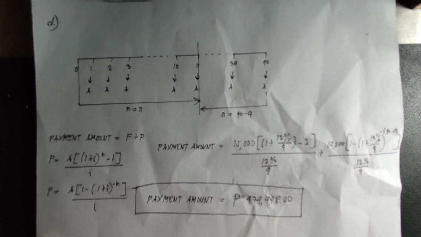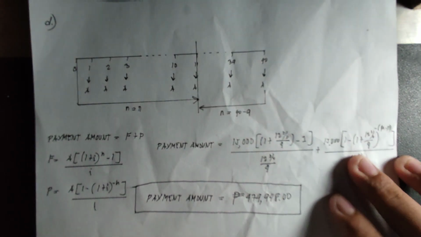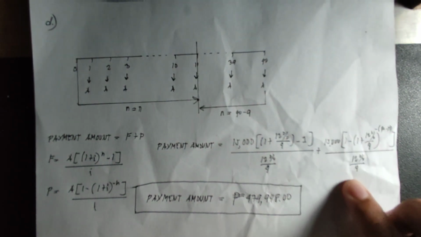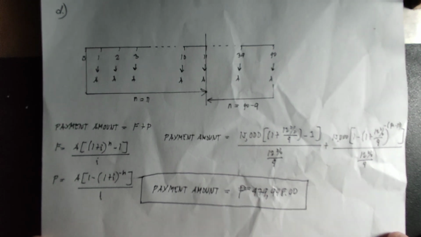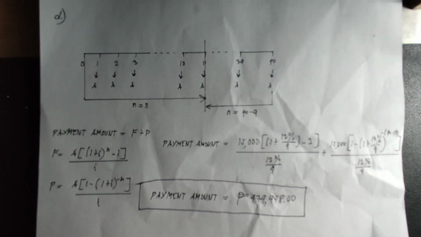So for D, as you can see, the paper is a little bit crumbly. So for D, if M missed the first 10 payments, what must he pay when the 11th payment is due to discharge his entire indebtedness? So as you can see, this is the cash flow.